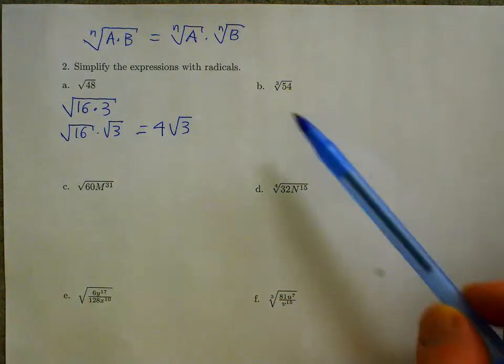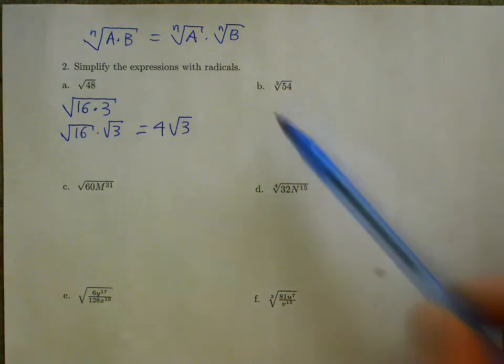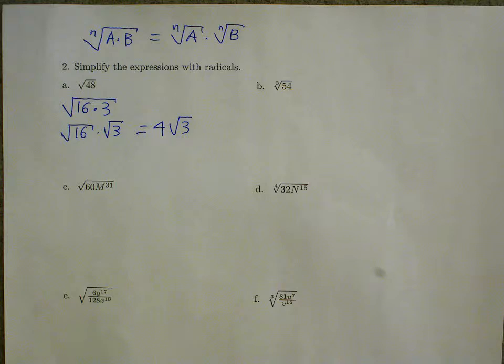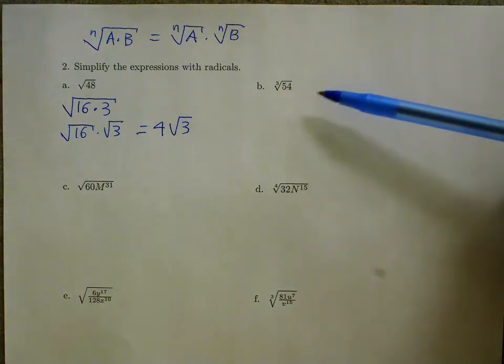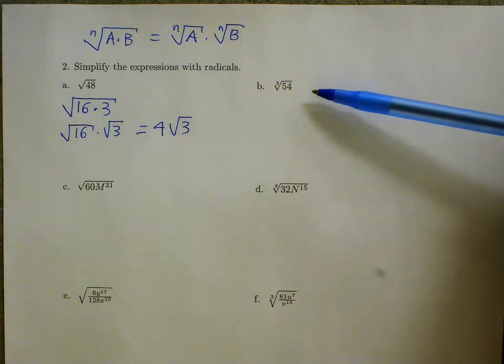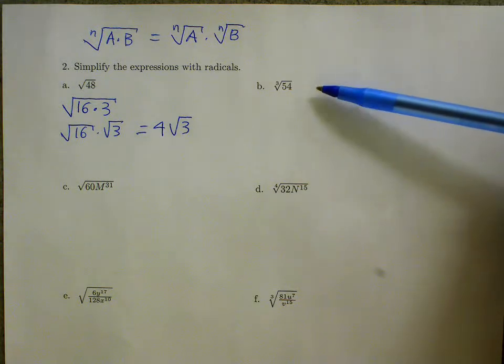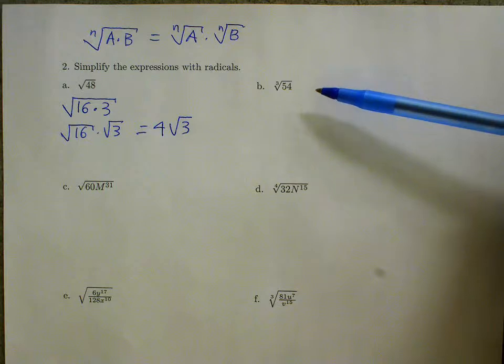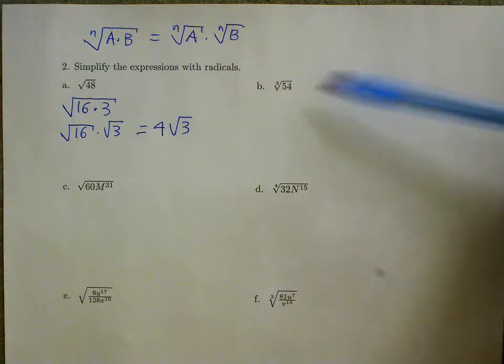Okay, in part B, simplify the cubed root of 54. 54 is not a perfect cube. So to simplify this, if it can be simplified, we want to find the largest factor of 54 that is a perfect cube.